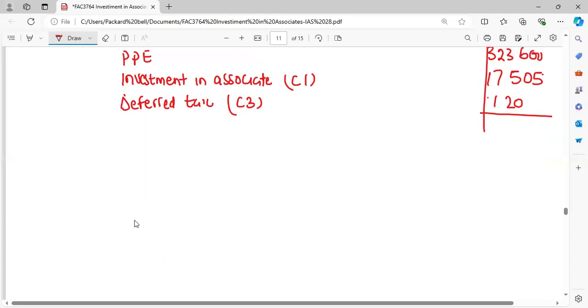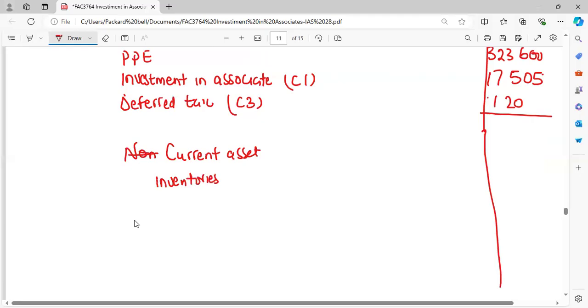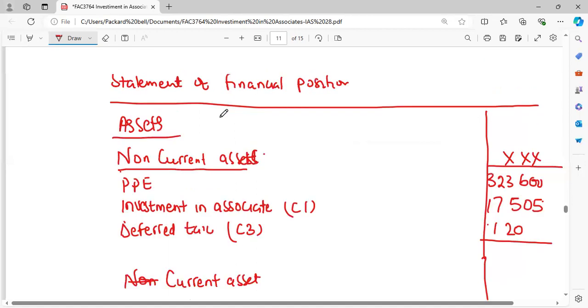Then you go to your current assets. The only line item that you are going to change under current assets is the inventory. Which means you need to take out that unrealized profit.